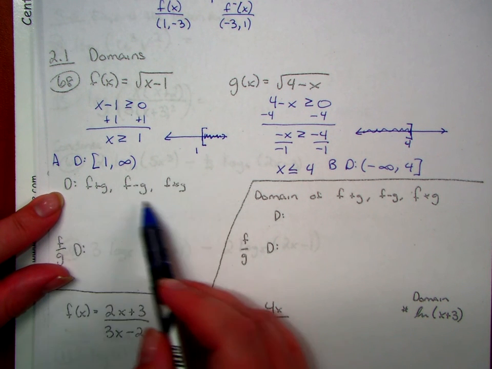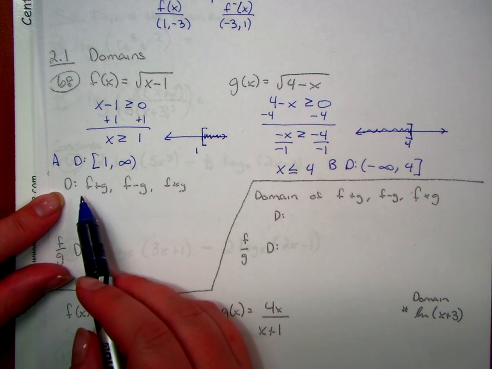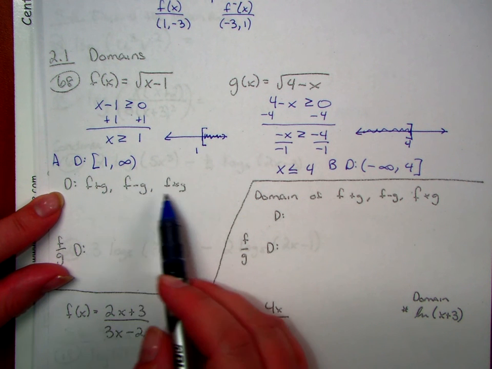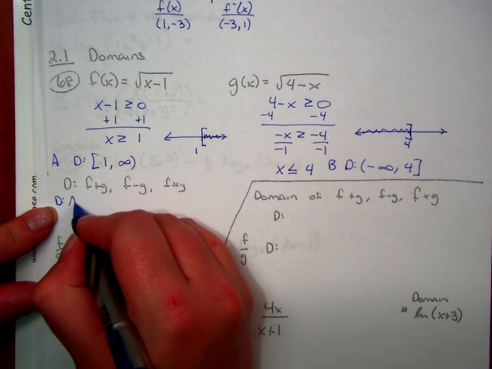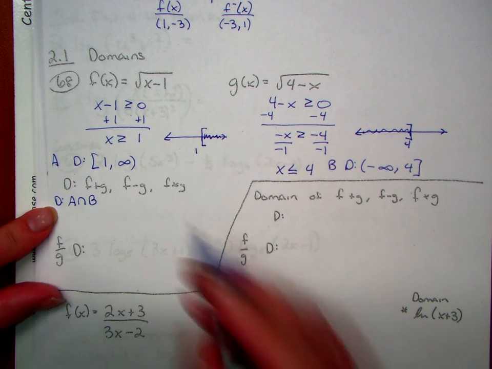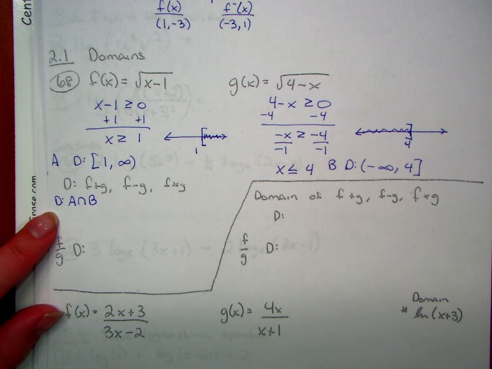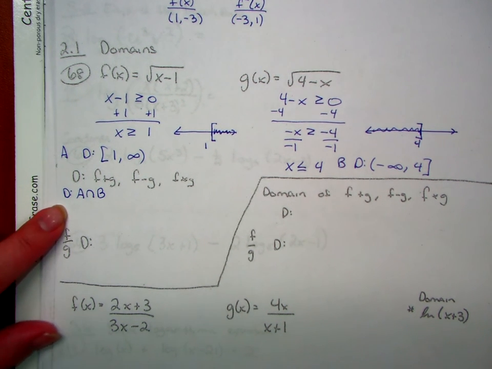What I want you to remember is that if we do f plus g, f minus g, or f times g, the domain is going to be the intersection of A and B, which means where these sets overlap.